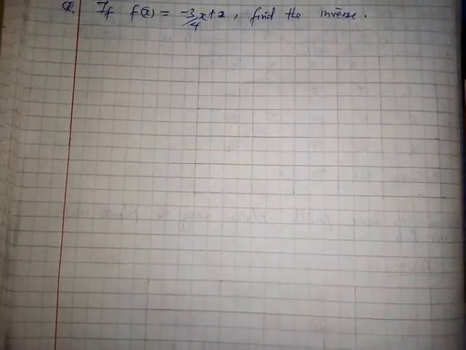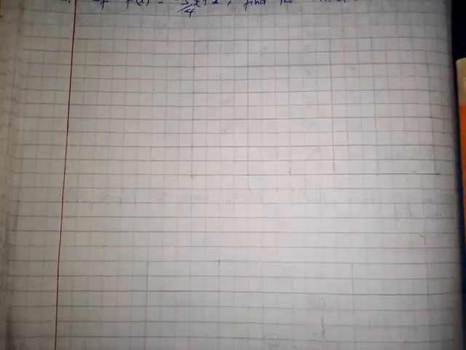But if it's a one-to-one function, then we move to the next step, which is we change f(x) to y, and then we switch x and y.